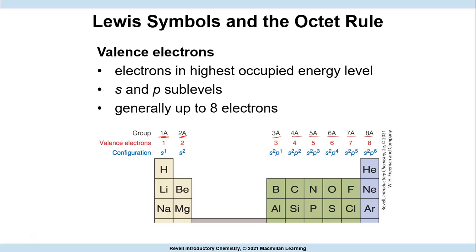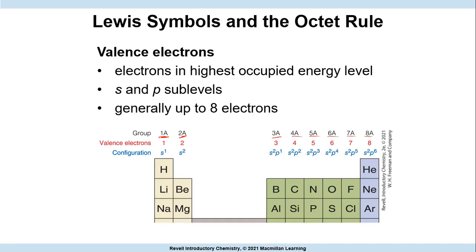Now I will show you an example. For us to know how many valence electrons are found in an element, we just need to identify the group of the element in the periodic table. For example, hydrogen is found in group 1, so it will have 1 valence electron. Lithium is found in group 1, so it will have 1 valence electron.